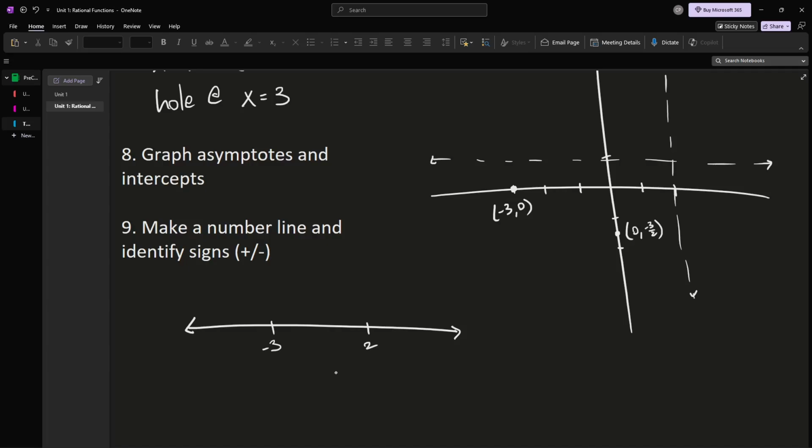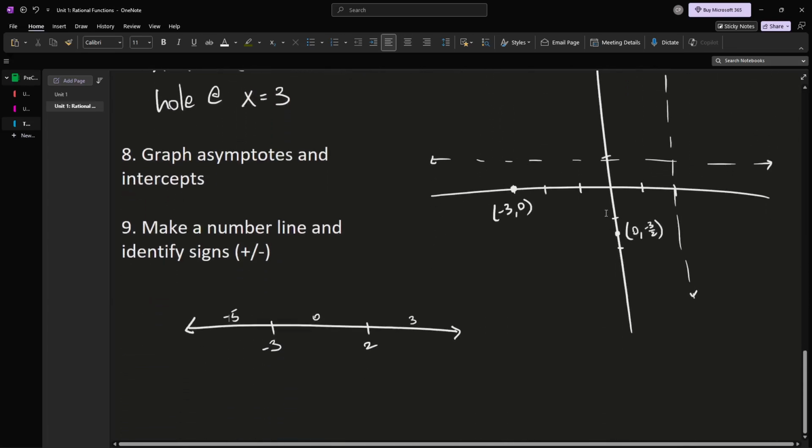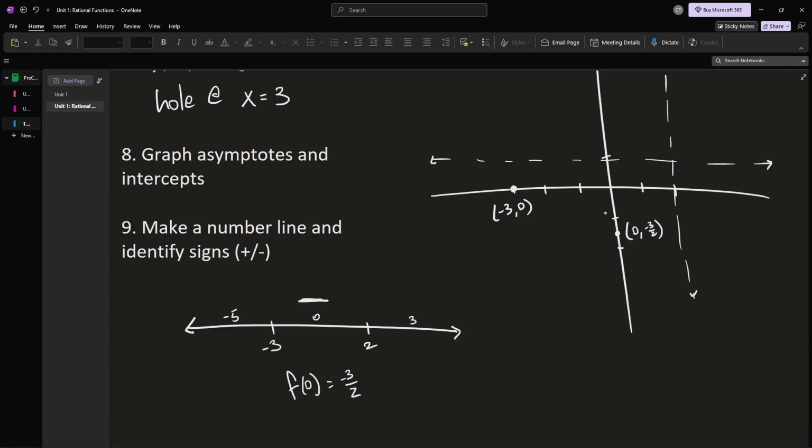And we test values in between all the sections that were made. So the values I want to test, I'll test 0, I'll test 3, I'll test negative 5. 0 is a nice value to use because you probably already found your y-intercept if you have one. So I see that f of 0 equals negative 3/2, so it is a big negative. And we do the same for the others.